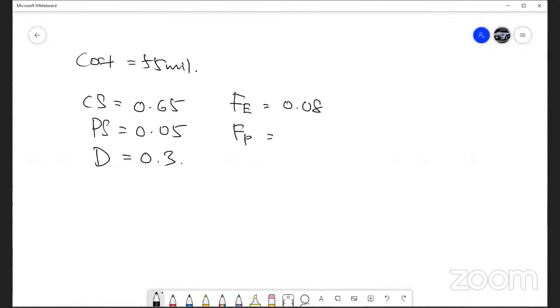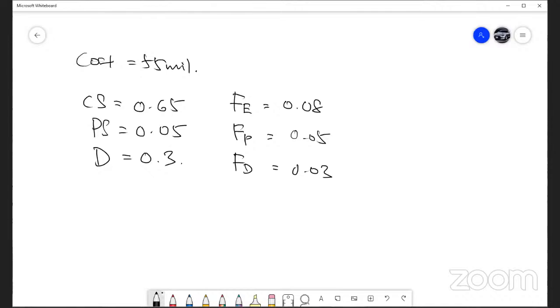Preferred stock is 5%, 0.05. And flotation for debt is 3%, 0.03. What is the true initial cost figure Southern should use in evaluating the project?